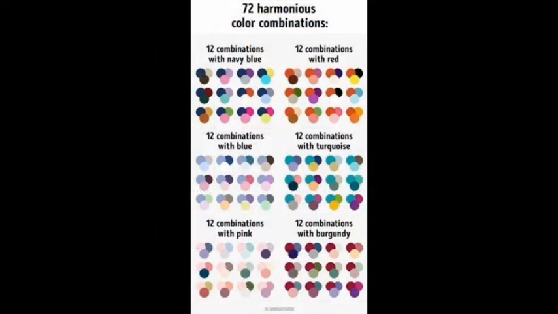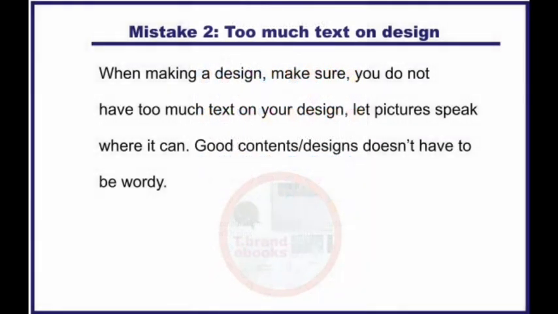Because these color combinations are specifically given here to help you, because this knowledge can help you to mix colors while you are designing. So you can take your time, study this very well. Now moving on to the second mistake that non-designers make: too much text on designs.